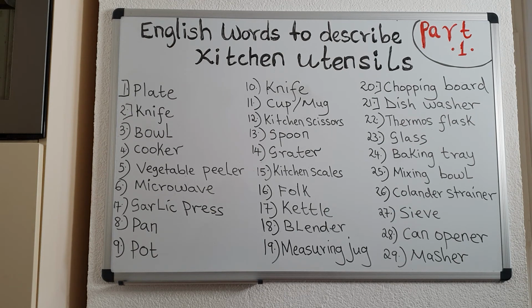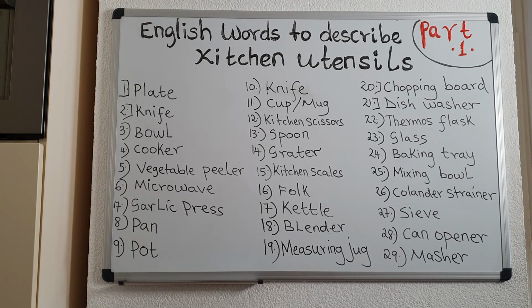The next one is baking tray. A baking tray is what we use to bake a cake. You want to bake a cake, so you mix your dough, and once it's ready, you get hold of a baking tray, and then you pour your cake mix onto the baking tray, and then you put the baking tray in the oven.